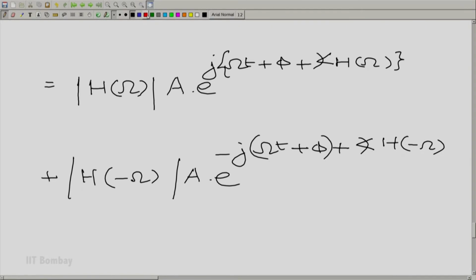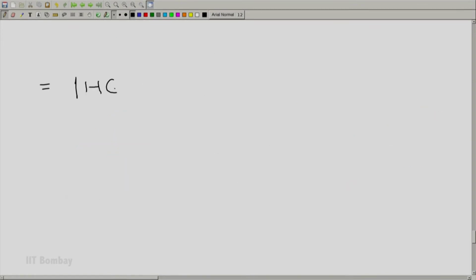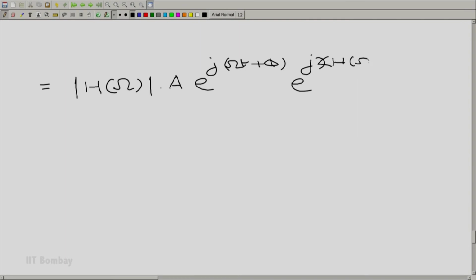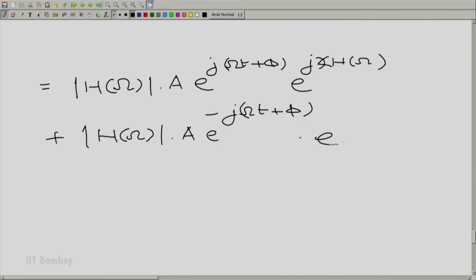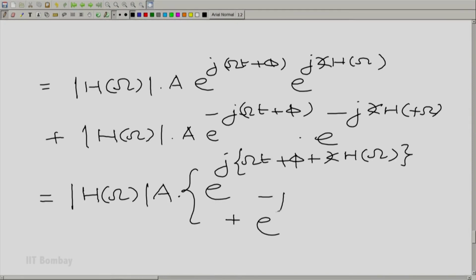I could write this as a e raised to the power minus j(omega t plus phi) into e raised to the power j angle H of minus omega. And now I make an explicit relation. These are the same, and these are negatives, and therefore in total I have the following expression, and I can aggregate them.